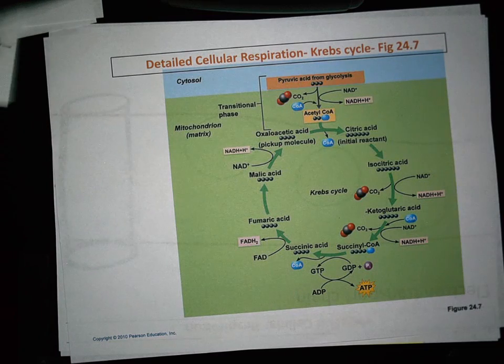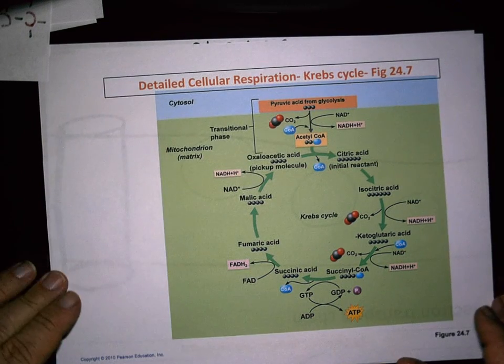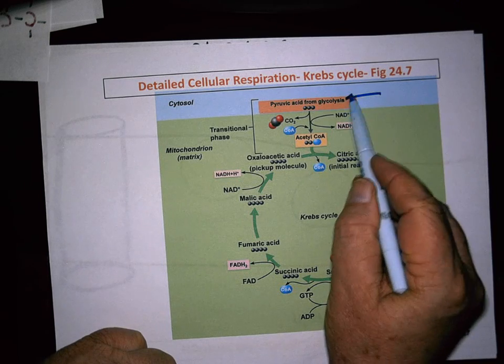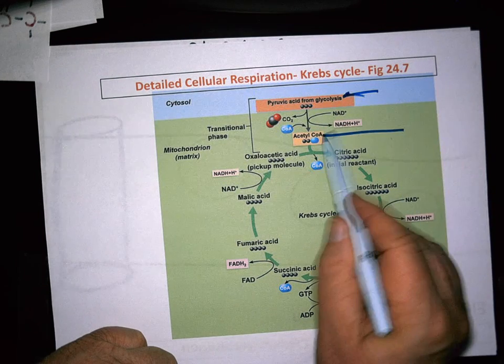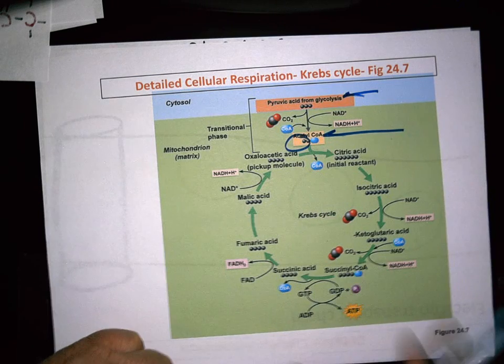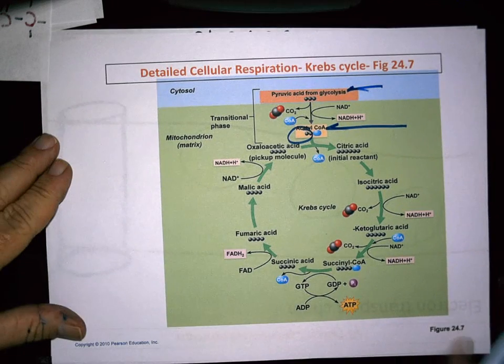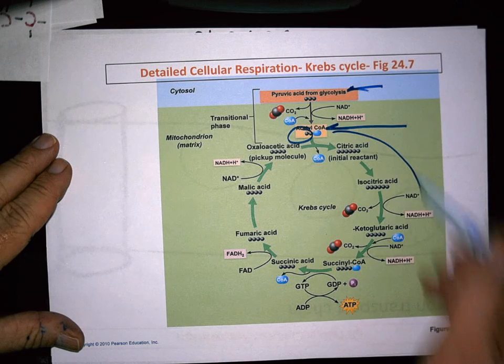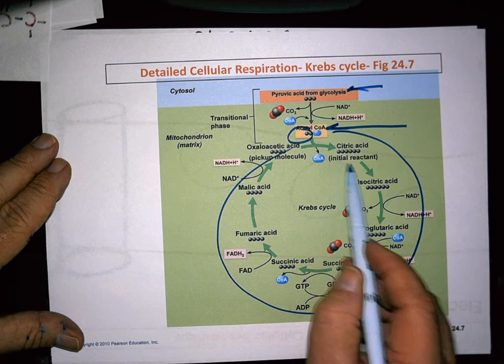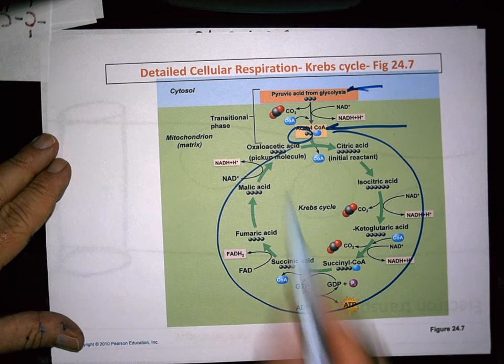Next up will be the Krebs cycle. It shows pyruvic acid here, changed to acetyl-CoA here. This is a 2-carbon molecule. This simply travels in a cycle. That's what's called the Krebs cycle. And by releasing carbons and releasing hydrogens, we change it from a 6-carbon molecule to a 4-carbon molecule.